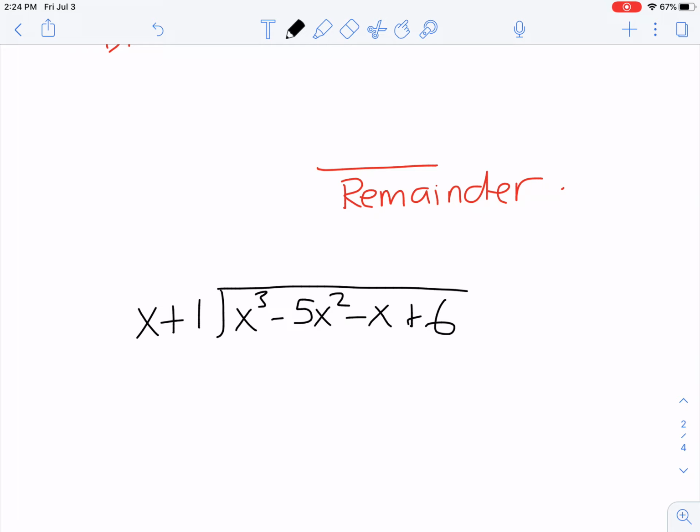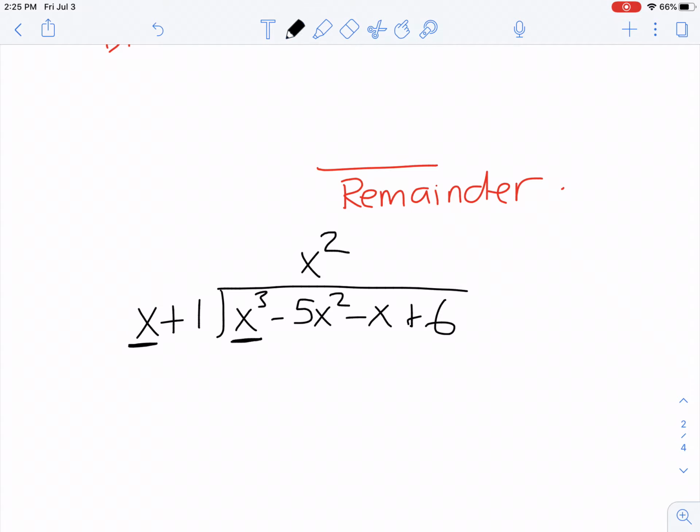So the first thing I want to do, because we're dealing with a binomial here, is look at the first term in the divisor, and ask ourselves how many times does that go into the first term in the dividend. So x goes into x cubed x squared times. And I'm going to write that in the x squared spot. I'm calling this the x squared spot because it's where the x squared term is in the dividend and in the quotient.